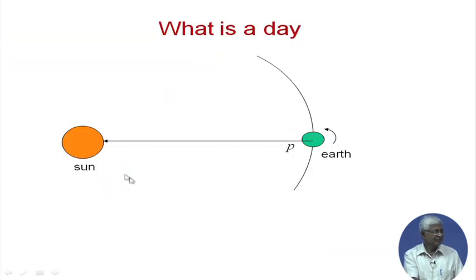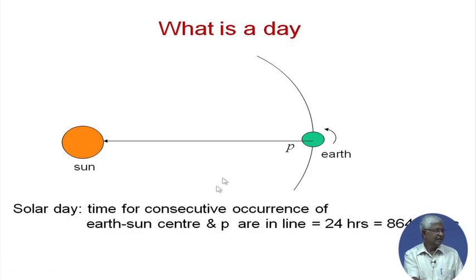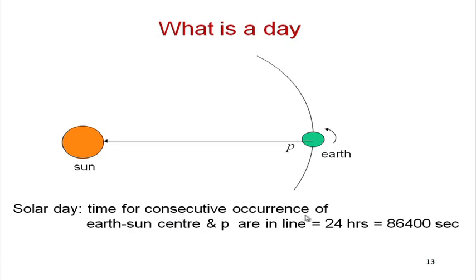We know the sun is there, Earth is there, and if we join the center point of the sun and the center point of the Earth, a point P crosses the surface of the Earth. So for an observer standing at the point P, a day is the time for consecutive occurrence of the Earth-sun center and P in one line.